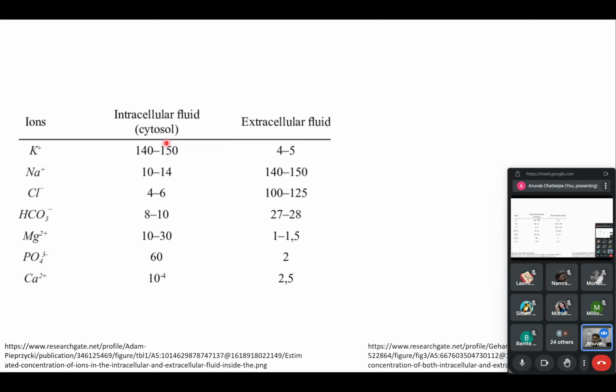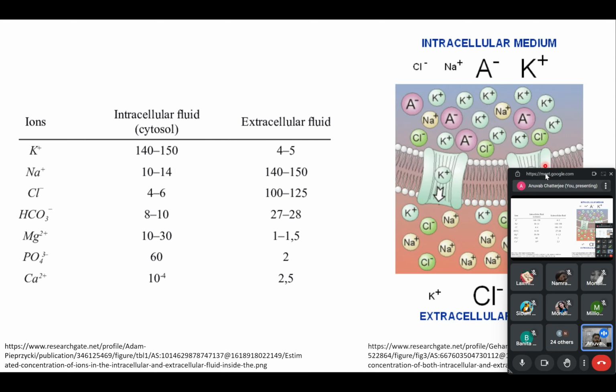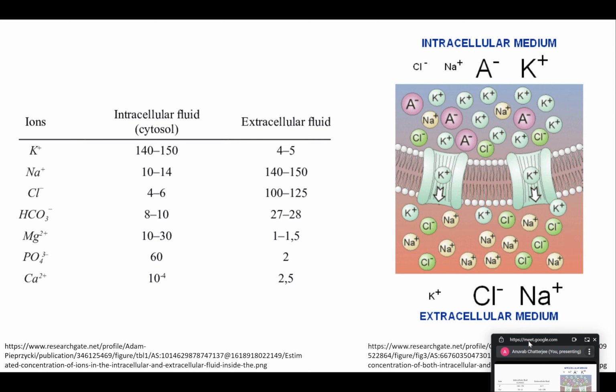We observe this, but obviously we know according to the second law of thermodynamics that such disparity cannot exist naturally in the environment. You have to physically spend energy in order to maintain such a disparity, and this is done via something known as the sodium potassium pumps which are present in the cell membranes.